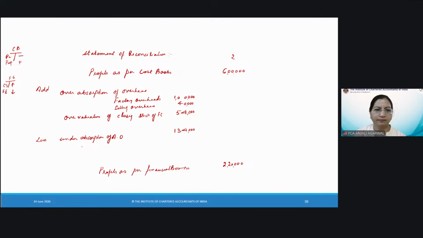So 4,40,000, but you're going to subtract 5 lakh 74,000. So find out whether you get the profit or not. 6 lakh plus 1 lakh 94,000 minus 5 lakh 74,000. 2 lakh 20,000 is the financial profits.